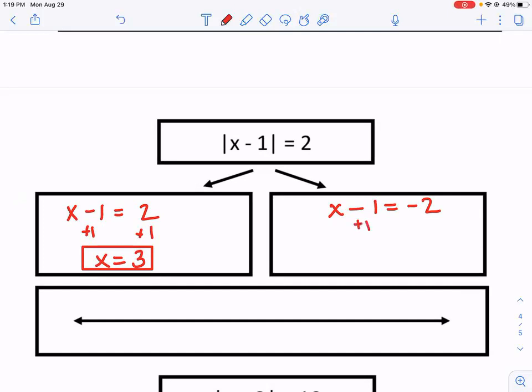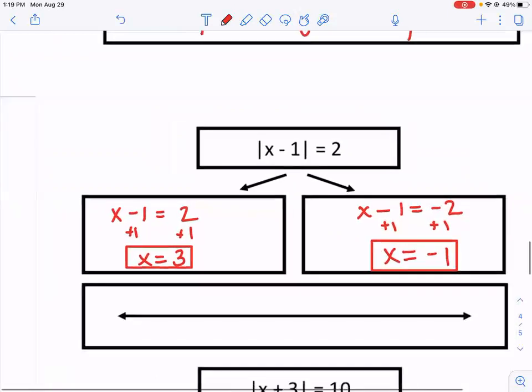Over here, when I add 1 to both sides, x equals? 2. How about -1? Good call. Are we okay with -1?